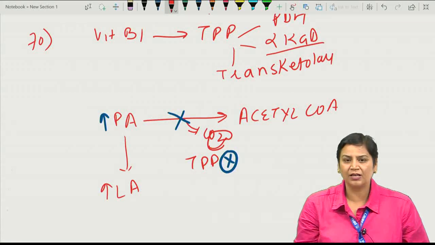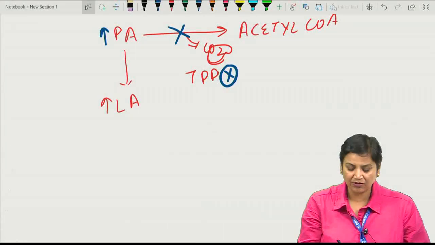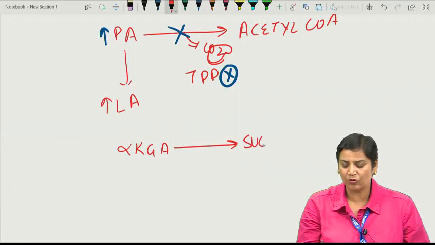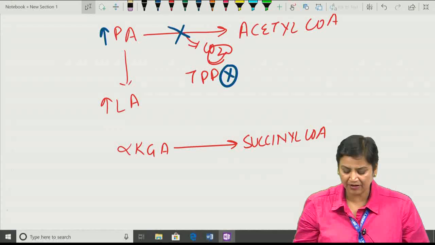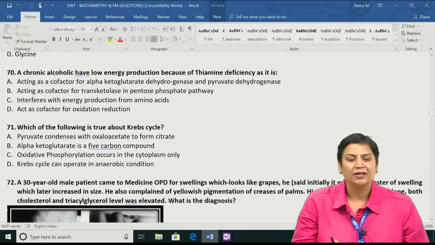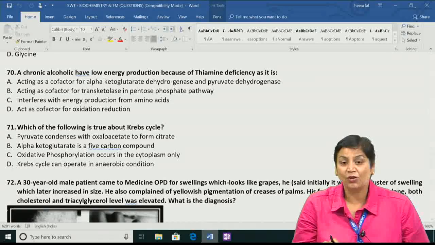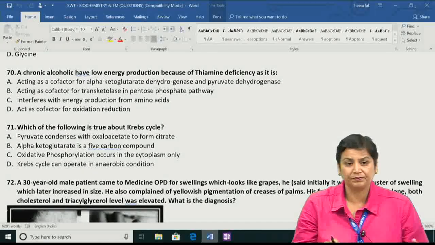Similarly, alpha ketoglutarate dehydrogenase is an enzyme of the TCA cycle which converts alpha ketoglutaric acid into succinyl coenzyme A. So the answer to this question is, it is a very important cofactor for alpha ketoglutarate dehydrogenase and pyruvate dehydrogenase, because it is a chronic alcoholic, it will have low energy production.